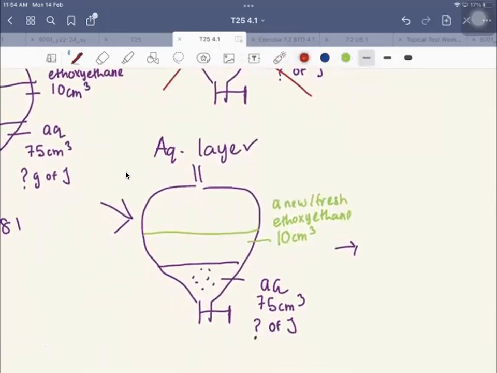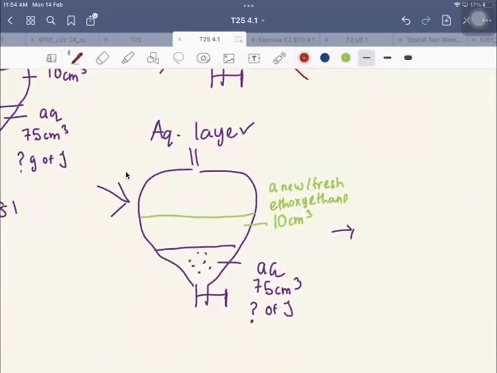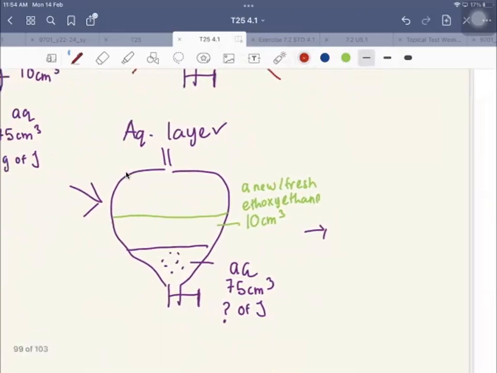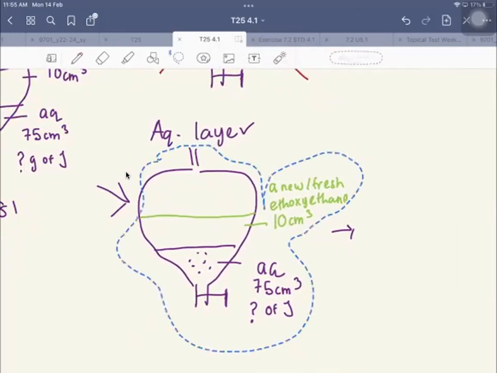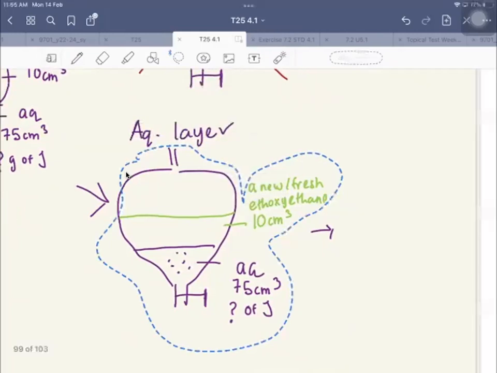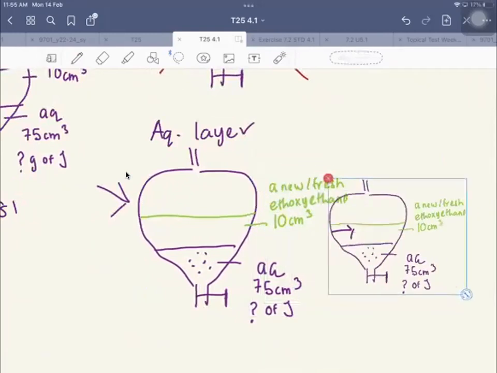Okay, just bear with me first. After shaking the second 10 cm³ portion of ethoxyethane and the layers were separated. The two organic layers were combined. Oh gosh, this is a really complicated question. So I will take this and copy, paste. Oh gosh, it needs to be smaller.